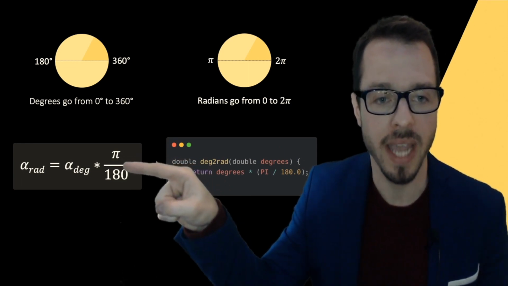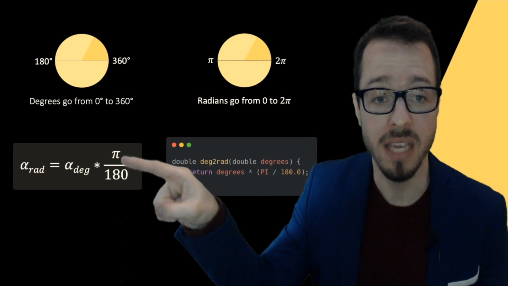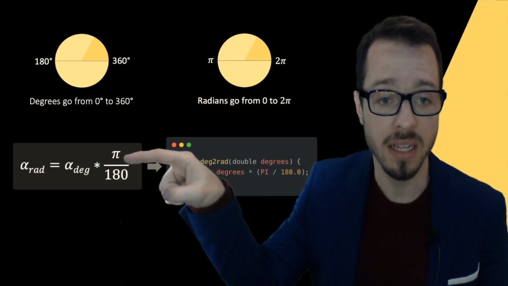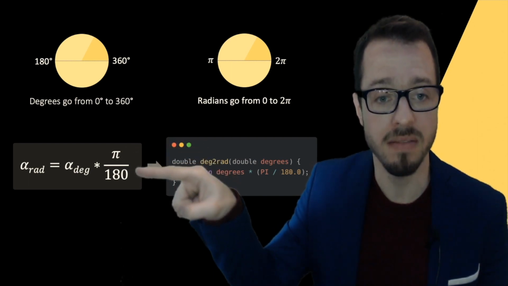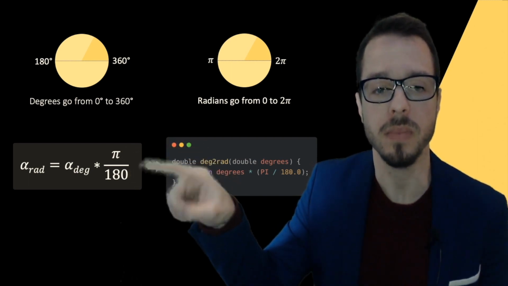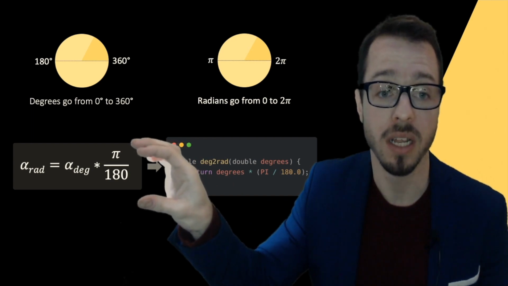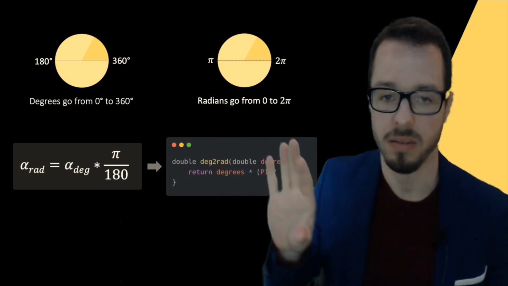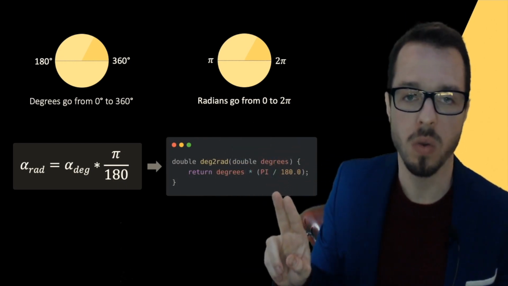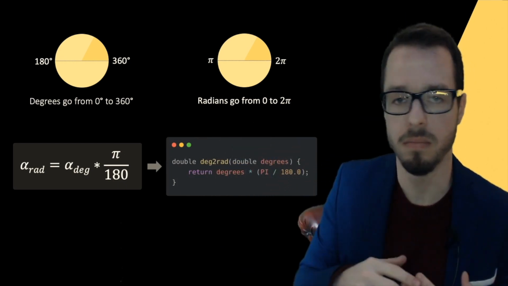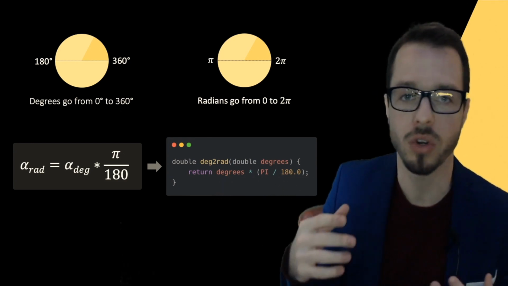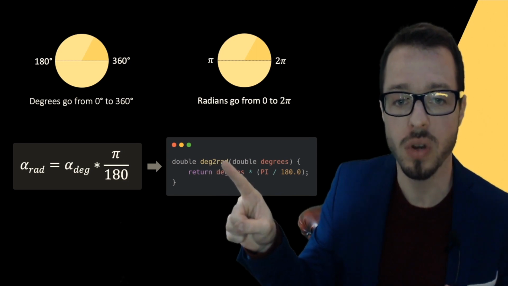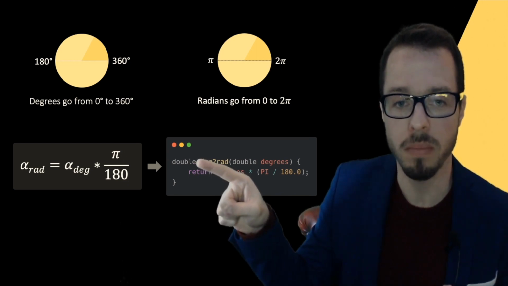To get an angle in radians, given that I have the value in degrees, all I have to do is multiply the angle in degrees by pi divided by 180. This is the formula for converting the degrees unit to the radians unit. Quick and simple. If we look at the code, and this code is present in most computer graphics libraries, we're going to have functions that convert from degrees to radians and return a floating point, a double for us.